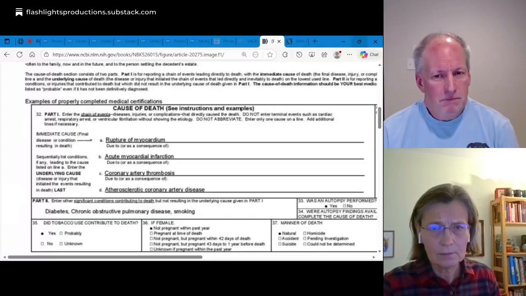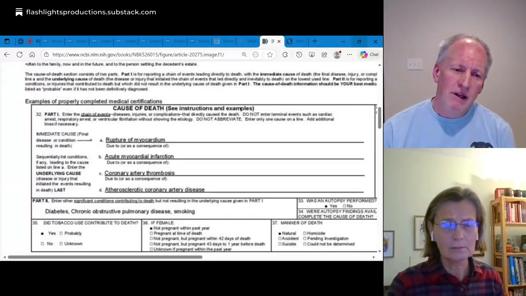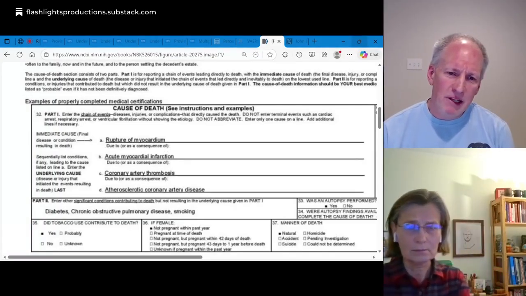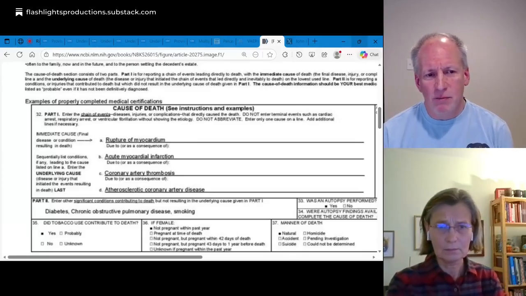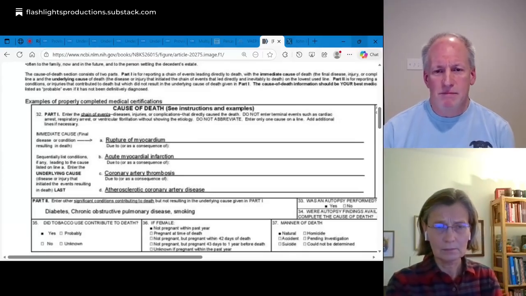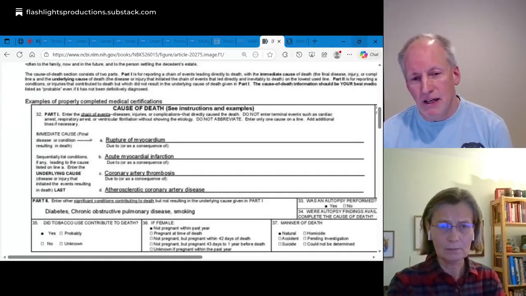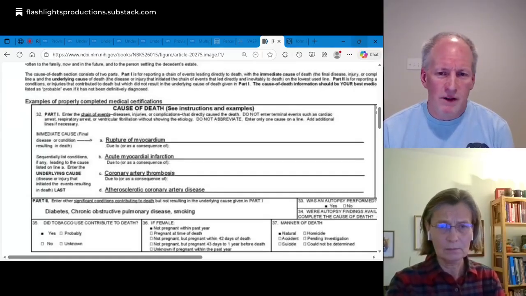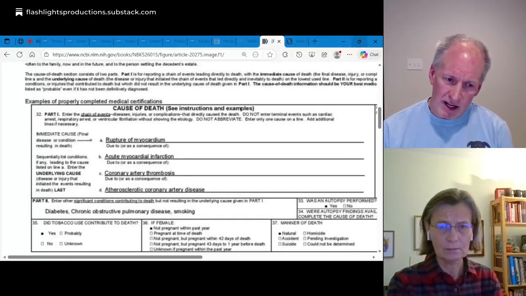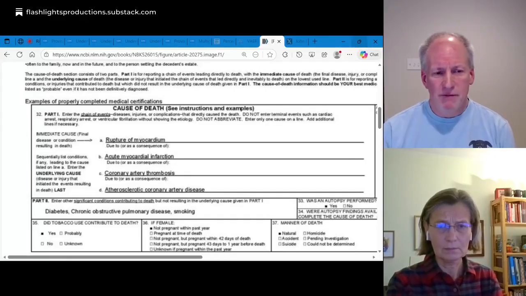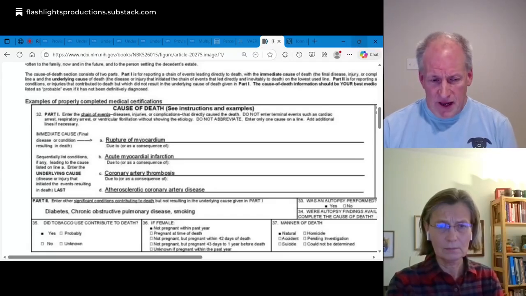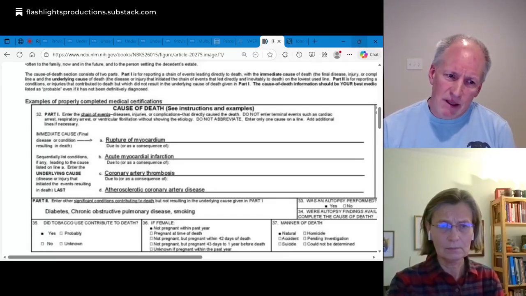Those are pretty much what's supposed to be there, because if somebody dies from heart disease or a heart problem, it may have been caused originally by diabetes somewhere in the background, but you don't know that it's causing that. We'll put that on the death certificate so that we can track the kind of people who have these diseases. So if they have diabetes or not, it goes in part 2.